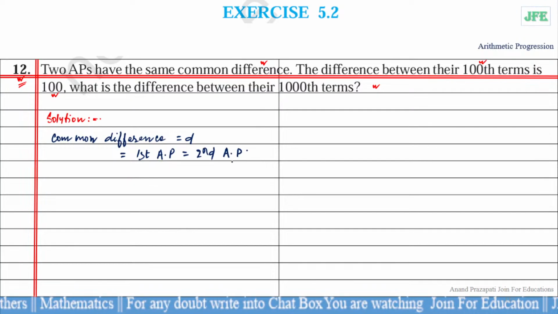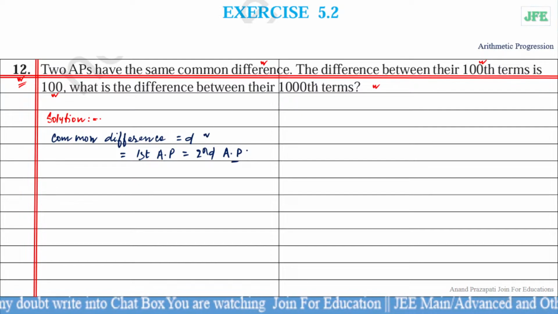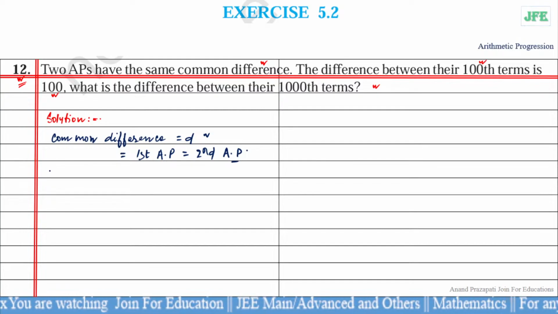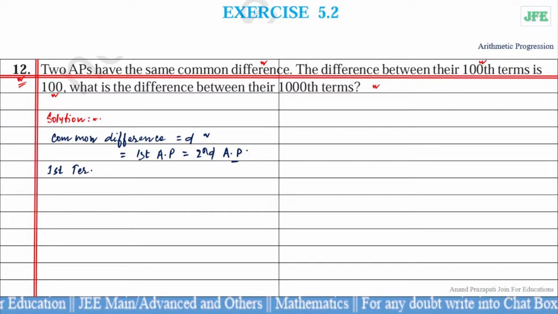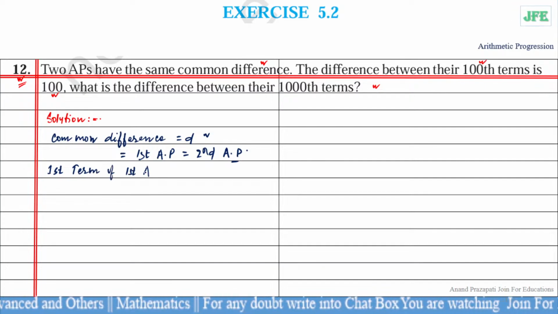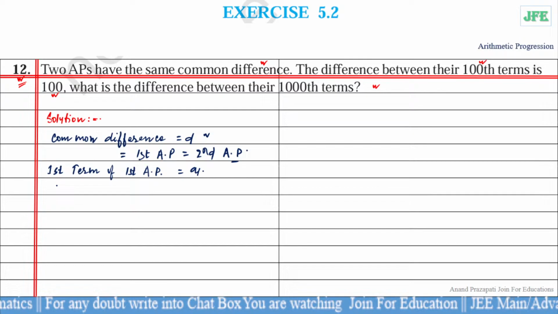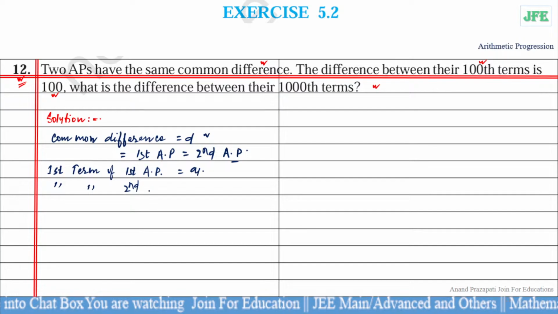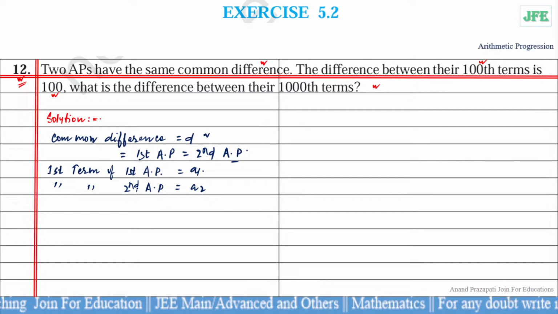In this question we have two arithmetic progressions and both have the same common difference. The difference of their 100th terms: let the first term of the first AP equal a1 and the first term of the second AP equal a2.